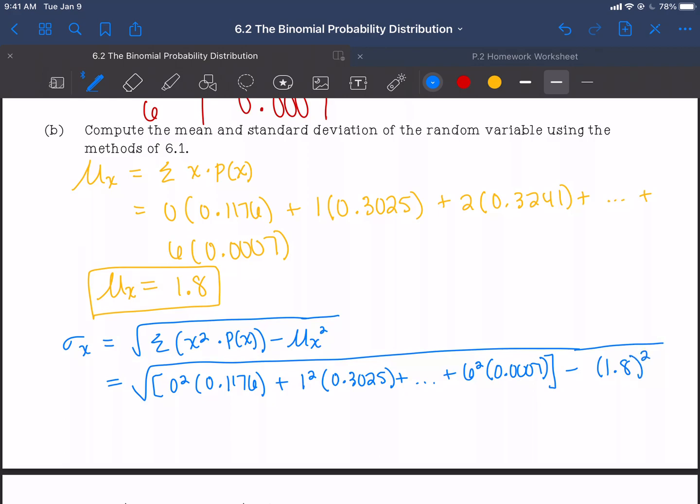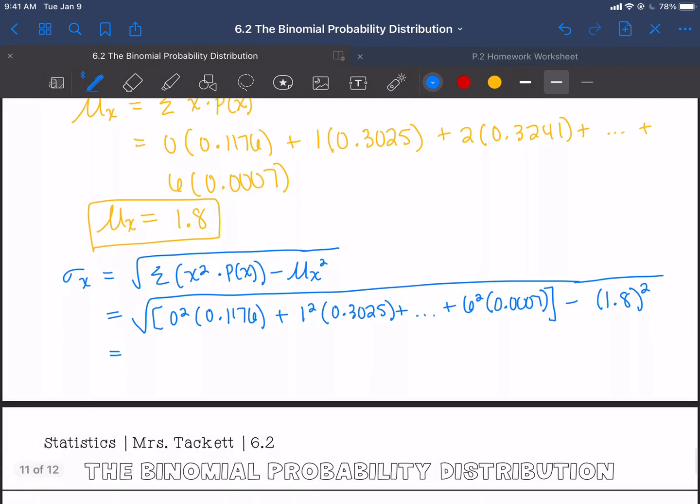Square that. Okay, so typing that into your calculator, if we just did the sum of x squared times p of x, that's 4.4979 minus 1.8 squared. We would get 1.1 to be our standard deviation.